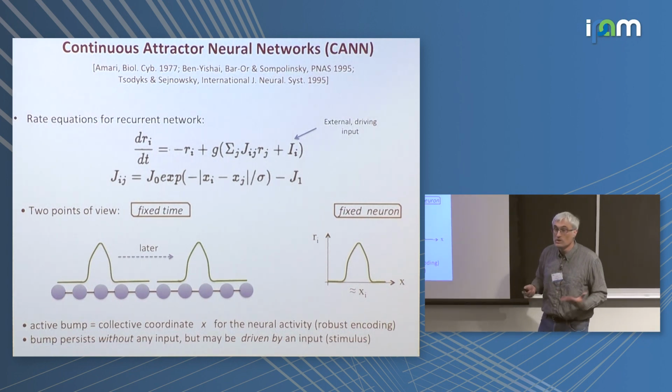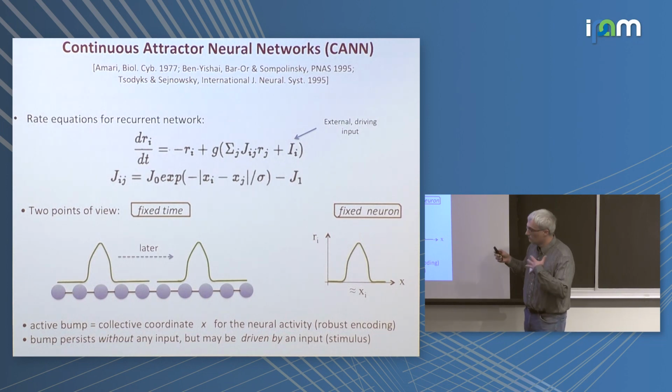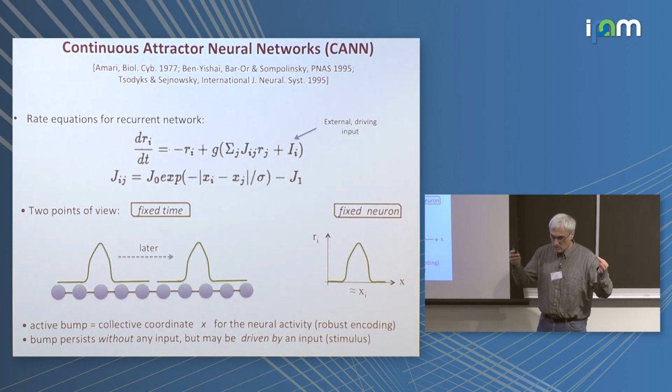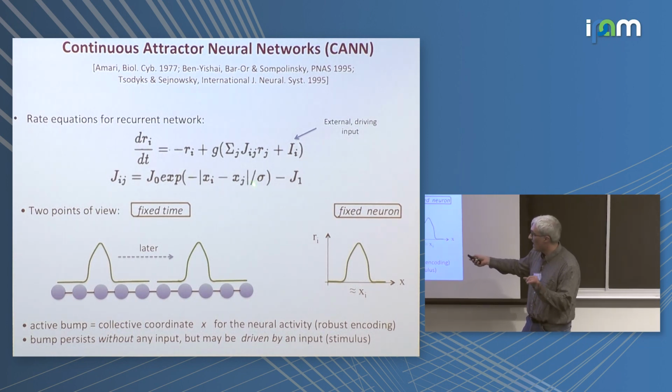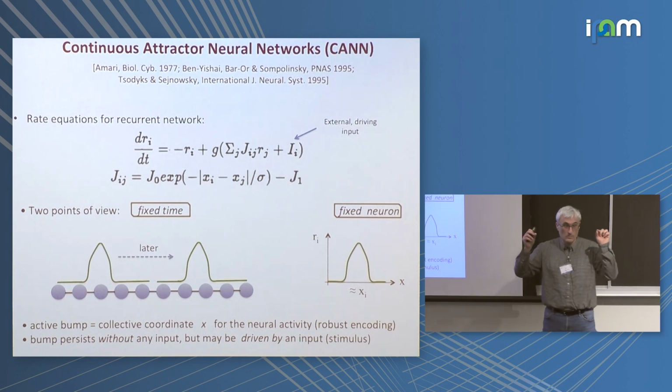Essentially what you need is some mapping between the couplings between the neurons and the position in space they code for. So if neuron i is coding for some position x_i in space, then you can build a network of J_ij which is large and positive at short distances between i and j.